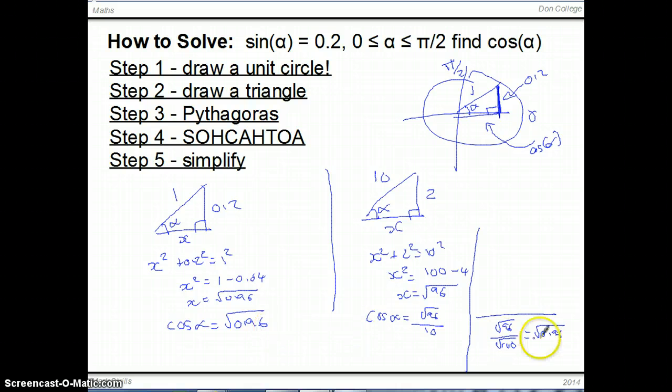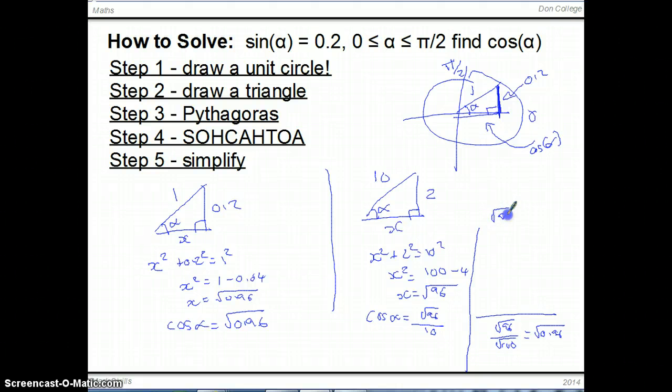So they are identical. Another thing we could do though is simplify this surd, because we can see that 4 will go into it, which is a square number. 4 times 25 would be 100, so 4 times 24 would be 96.